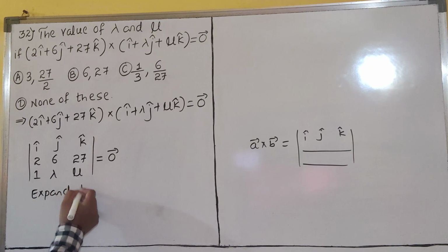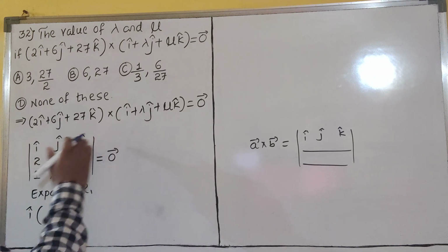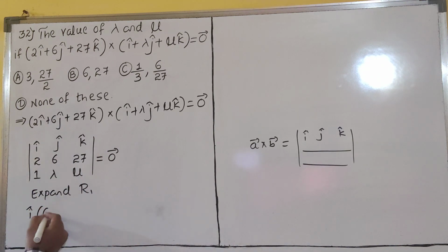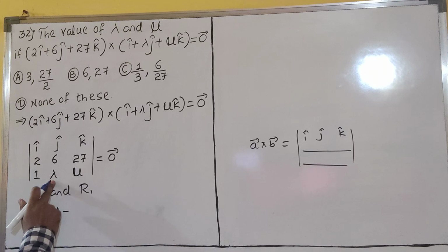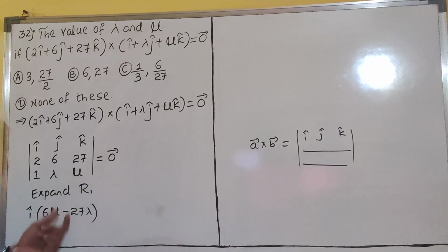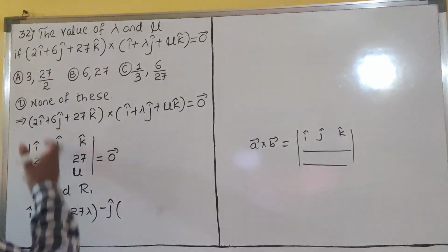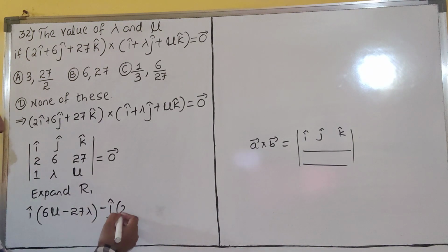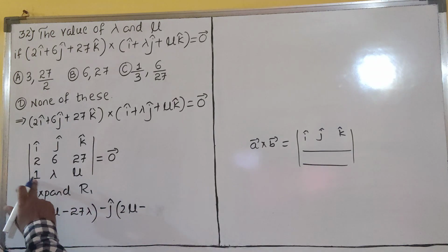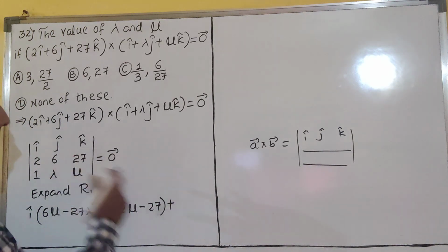Expanding what? R1, dear students. Row 1. So i cap, you know how to expand this. First row, first column: 6 into μ, 6μ minus λ into 27 is 27λ, dear students. So before multiplying λ into 27, you have to write a minus here. Minus is written, so minus j cap. So first row, second column you will do 2 into μ, 2μ minus 1 into 27, dear students, plus k cap I will write.